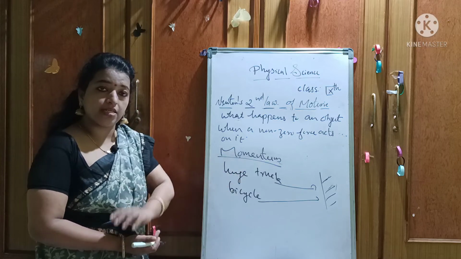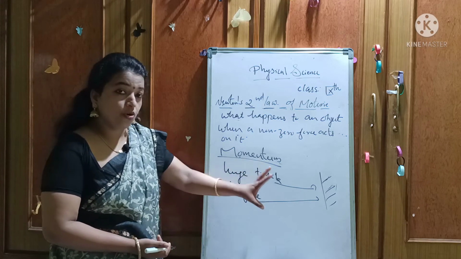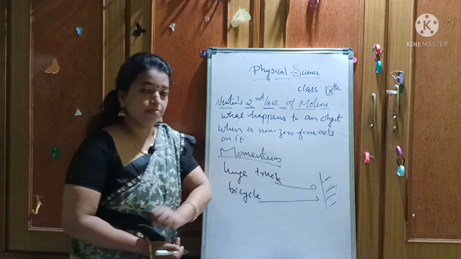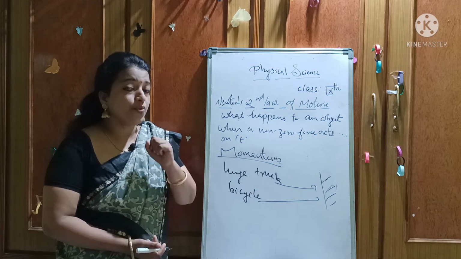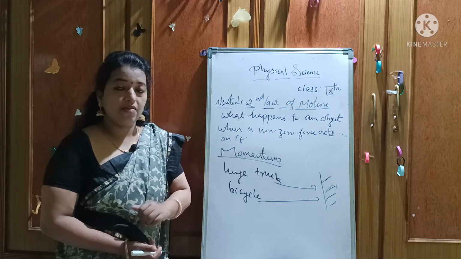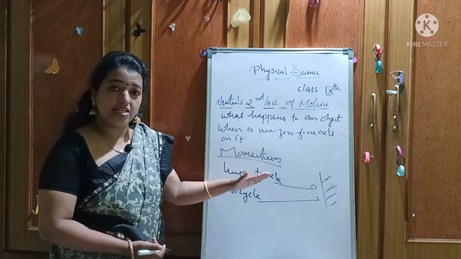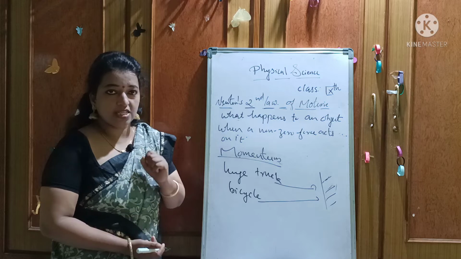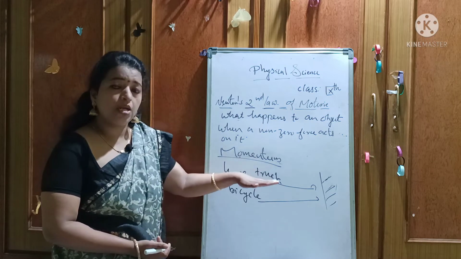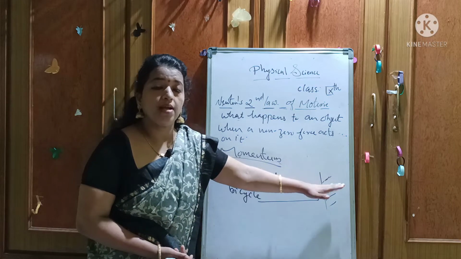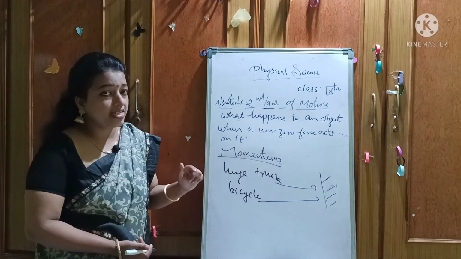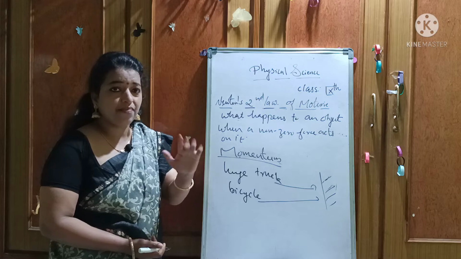Huge truck or bicycle? Which can cause more damage to the wall? Of course, the huge truck, right? Tell me why you gave the answer huge truck? Because the huge truck has more mass than the bicycle. That's why it causes more damage to the wall. So here the factor is mass.